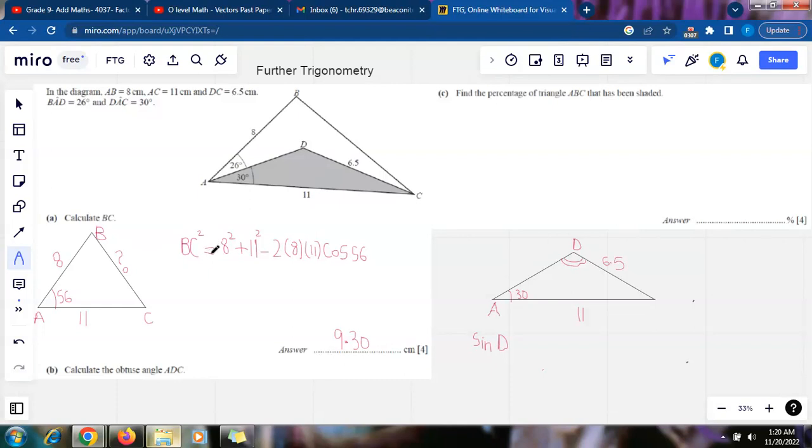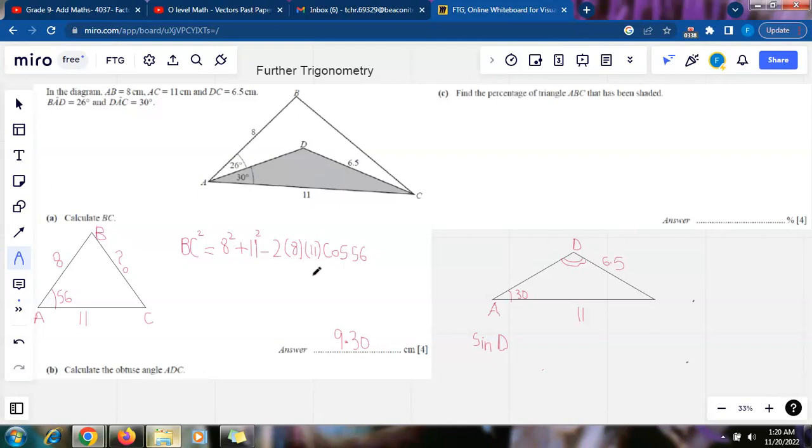BC square is equals to, since I have to find this side, after the equals to side I have to write the other two sides with the square. So 8 square plus 11 square, and then comes the sign of a negative, then comes 2, and then again in the bracket I have to multiply the first two sides, 8 and 11. So I will write 8 in bracket and 11 again in the bracket, and then since it is a cosine rule, I will use cos and the included angle, that is 56 degrees.